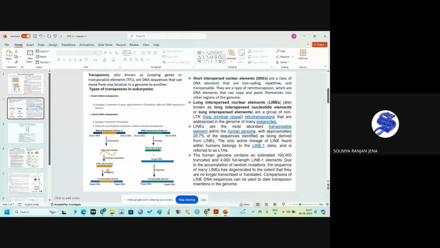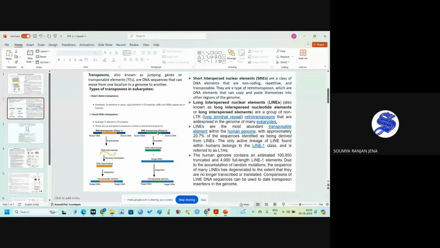This DNA intermediate is then integrated into the target DNA. Because RNA is converted into DNA, the reverse transcriptase enzyme is used. That's why this is called a retrotransposon.